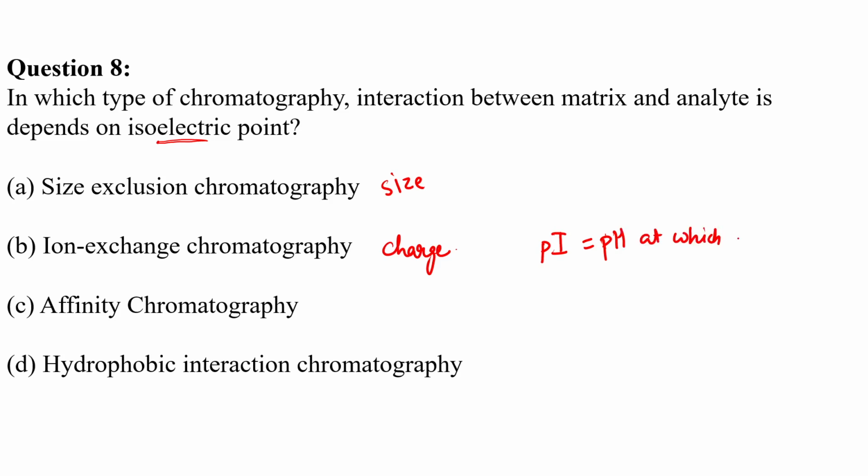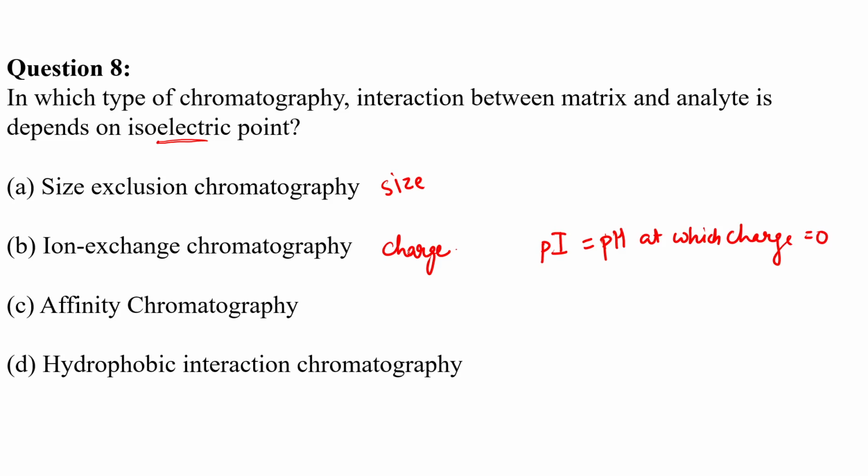It is a neutral molecule at which charge is equal to 0. So, pI is that particular pH at which charge is equal to 0. Okay. So, if I choose any pH below or above pI, my molecule is going to be charged. Either it is going to be negatively charged or it is going to be positively charged.